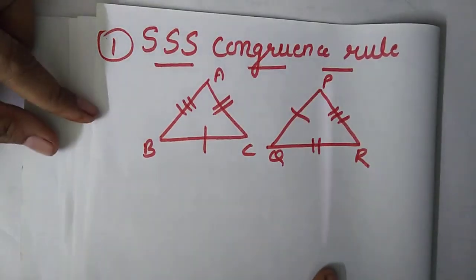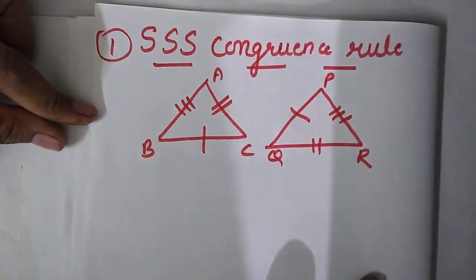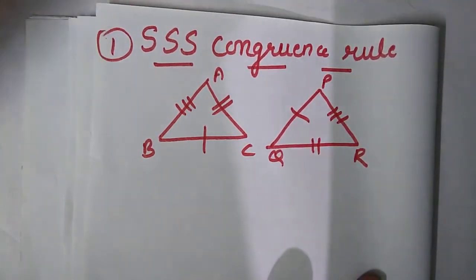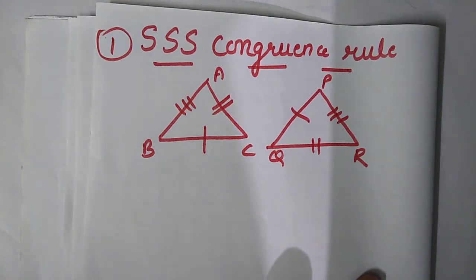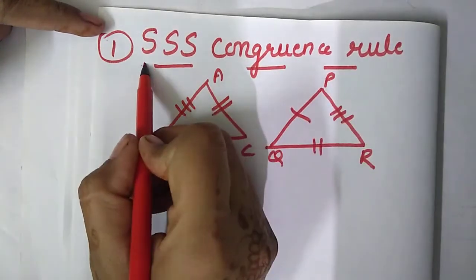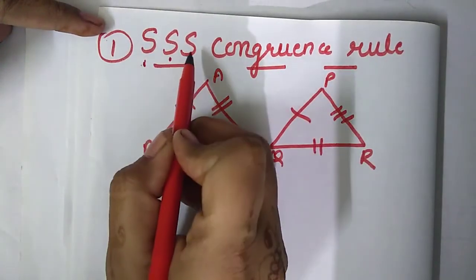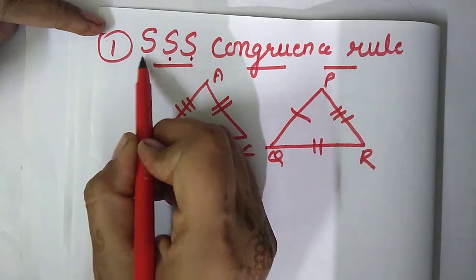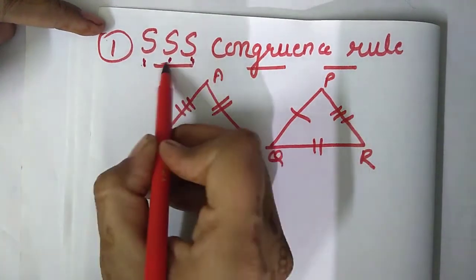After that we have learned about congruence rules in triangles. We have learned about four rules. First is the SSS congruence rule. S stands for side, this also stands for side, and this also stands for side.